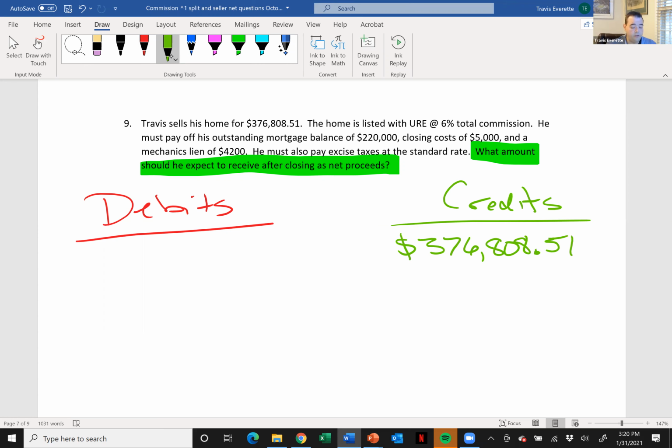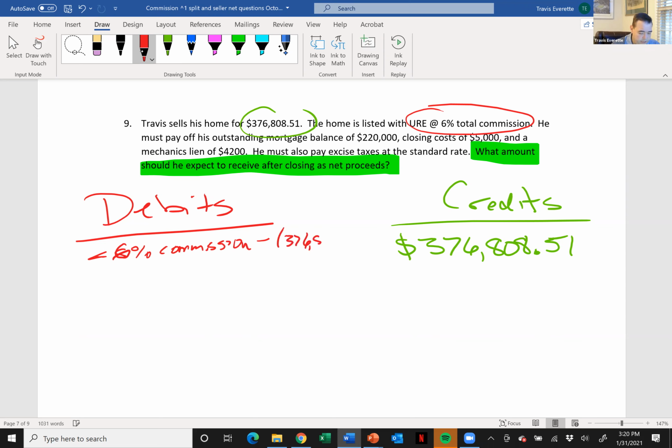Okay. The home is listed with URE at a 6% total commission. I'm going to go ahead and circle that. At a 6% total commission. Well, that's money he's going to have to pay. Actually, I don't even need a note for that. I can go ahead and do it. I got the sales price, right? That's going to be $376,808.51 times 6%.